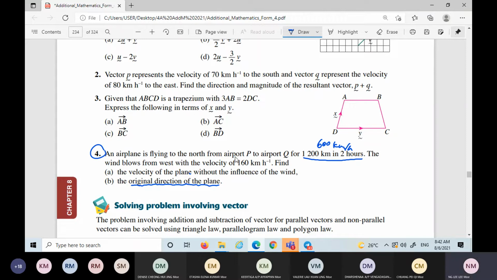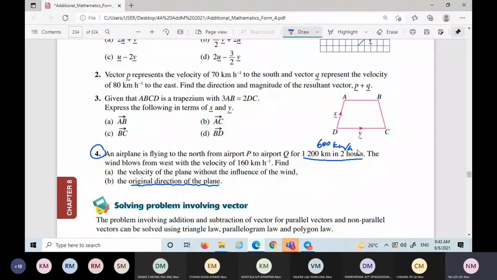Like just now, I use the example, you swim across. That one will be your original, without the influence of the flow. But this one, they are asking the other way around. They are asking the velocity without the influence of the wind.